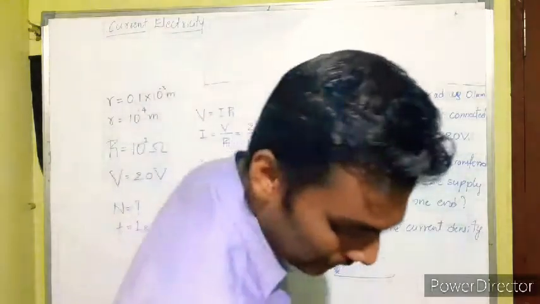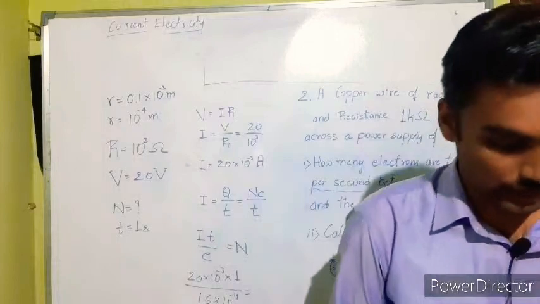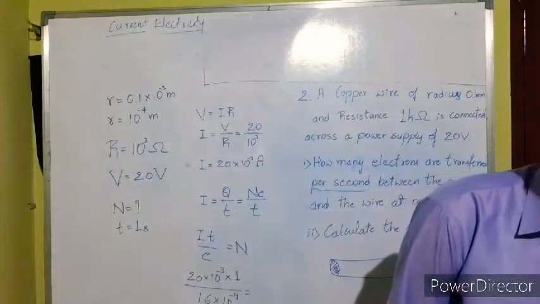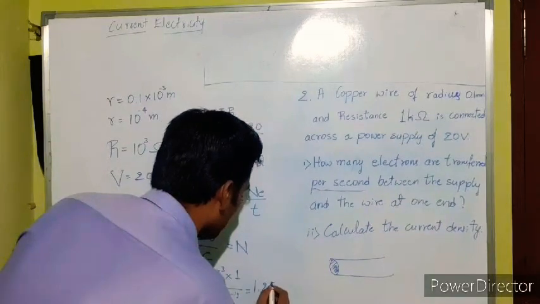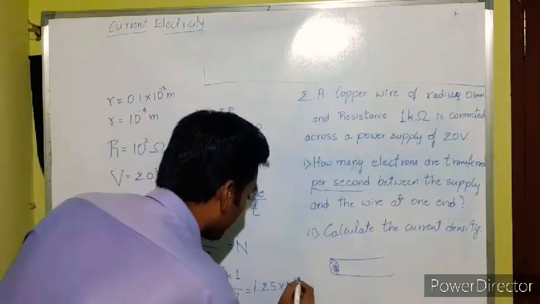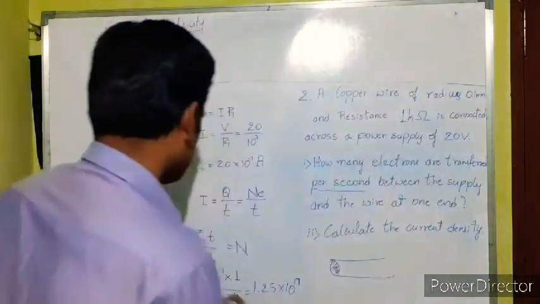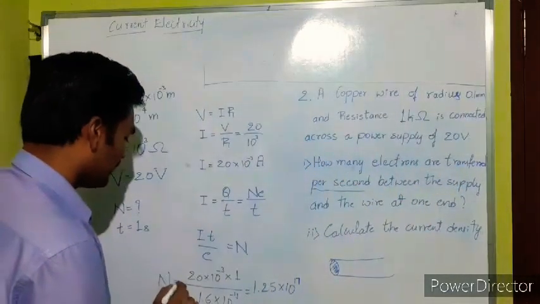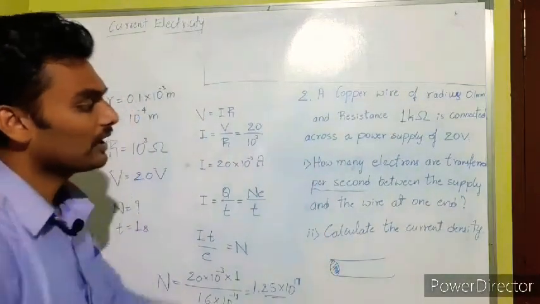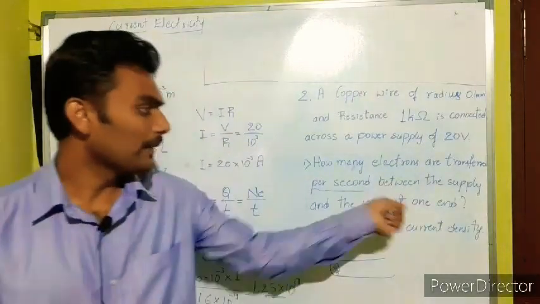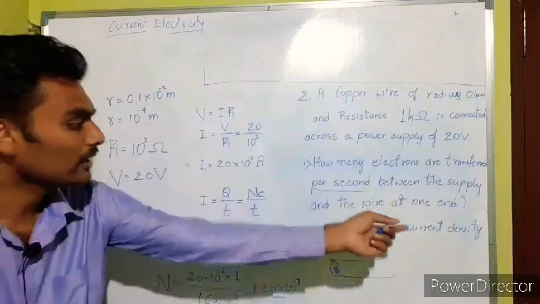Make use of calculator, and hence after making use of calculator you will get the value of N equal to 1.25 into 10 to the power of 17. Okay, 1.25 into 10 to the power of 17 number of electrons are transferred from one end to the other end, or from one end of the supply to the end of the wire.